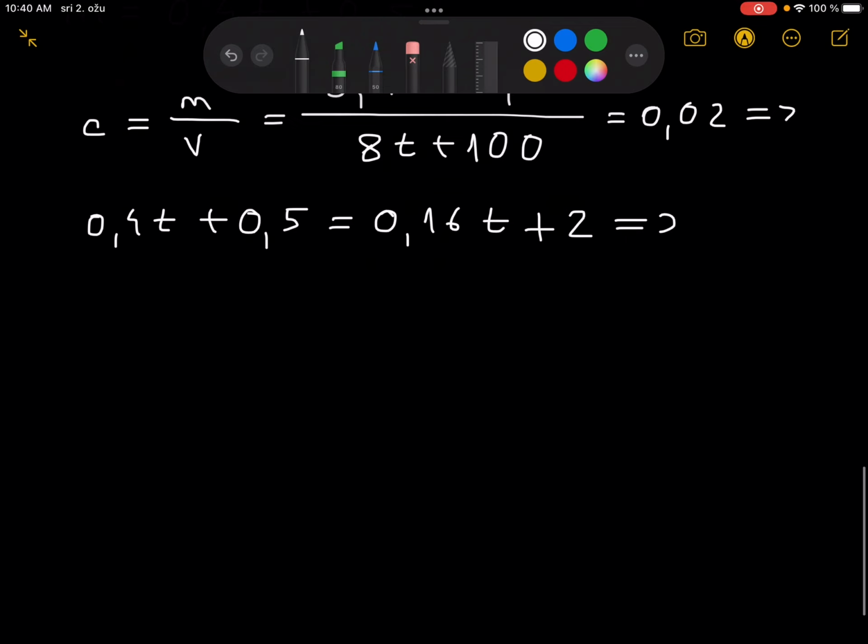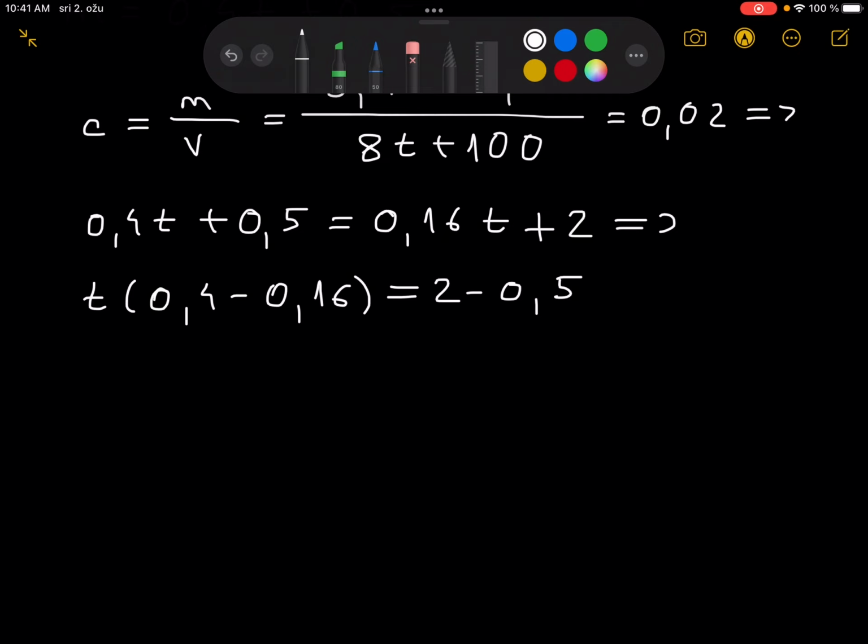Or in other words, we get that t times (0.4 minus 0.16) is equal to 2 minus 0.5.